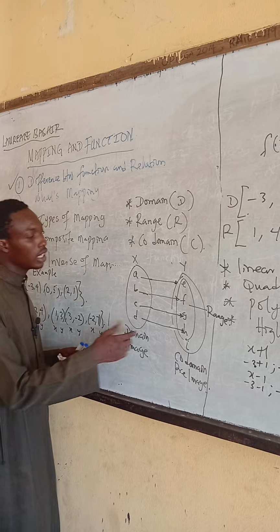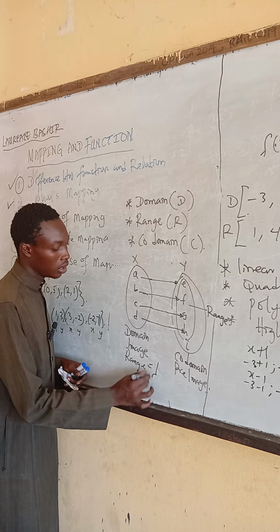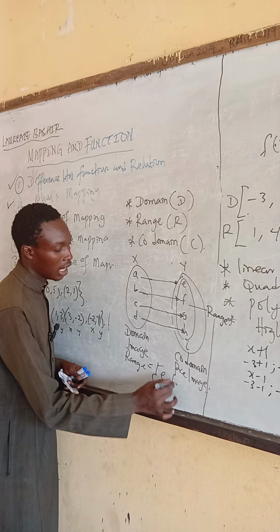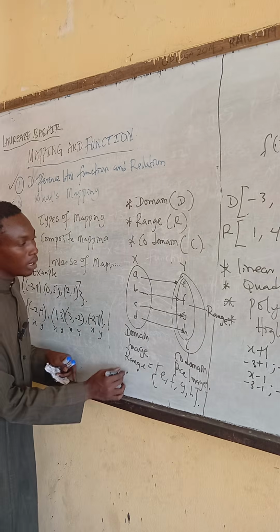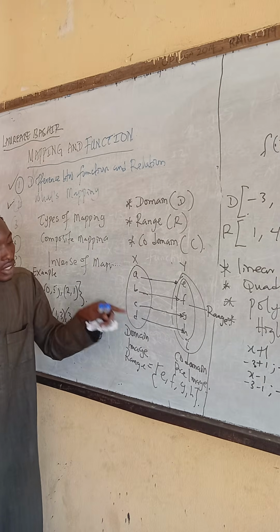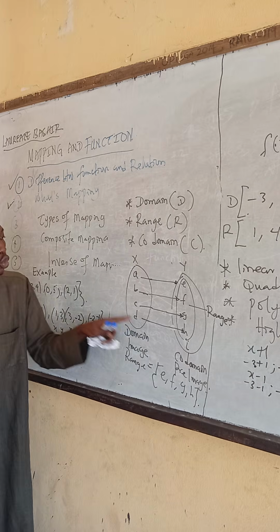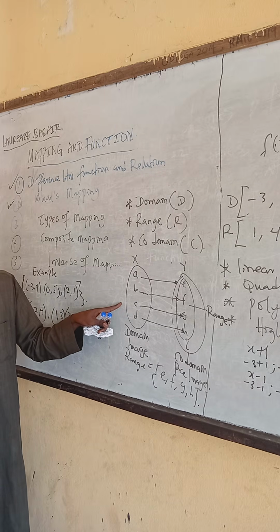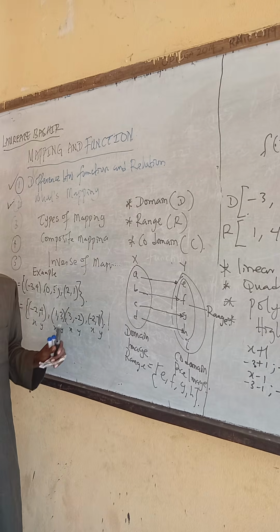So if I ask you what your range is here, it is E, F, G, H. But the codomain will be E, F, G, H, I. I is not mapped to anything, so it is not part of the range.